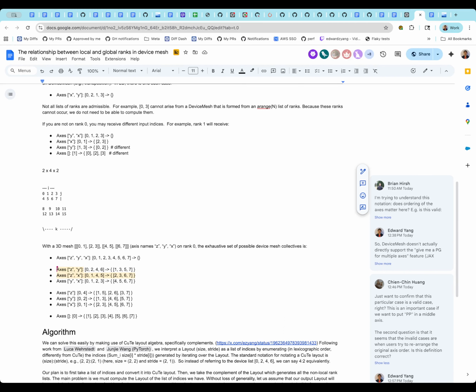So I think these two concepts are actually separate. We can create a device mesh without actually initializing PG, but we can force device mesh to eagerly initialize PG when the user wants to do that. And what's the API for that? Do I just give all the axes I want? Right now, the API is not finalized yet, but yes, I think that will be the case.